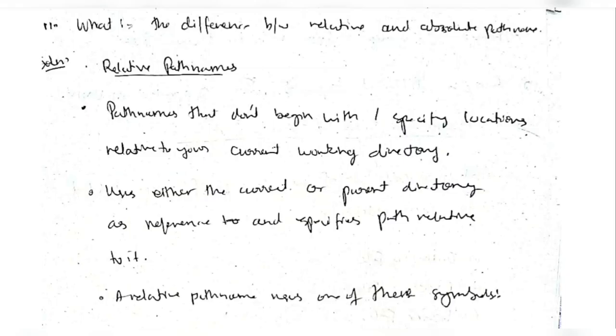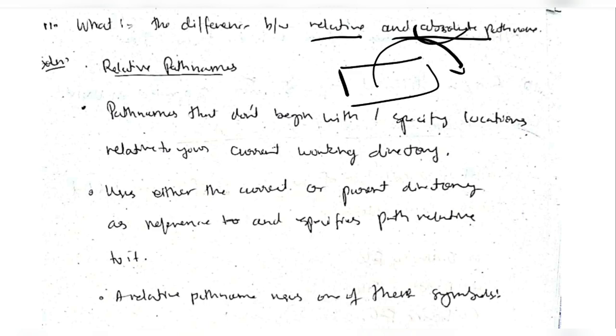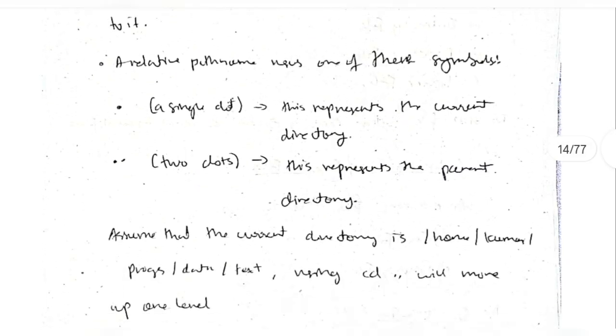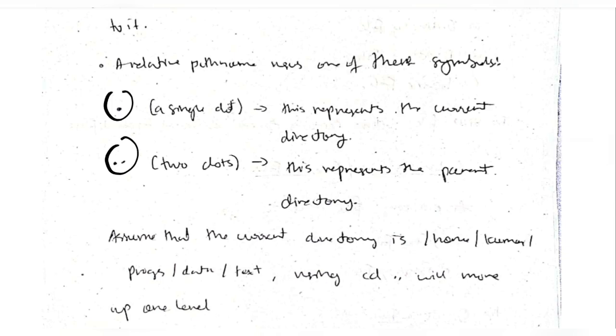Okay, the next question is: what is the difference between relative and absolute path name? Relative means whatever is present at this point of time, relative to that we are making the changes, and absolute means from scratch. For relative we use dot and dot dot. Dot means the current directory, and dot dot means the parent directory.